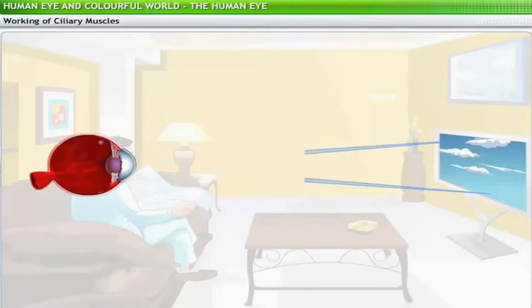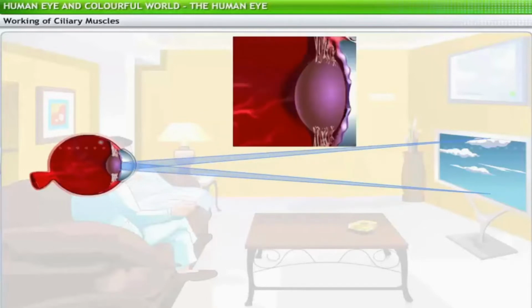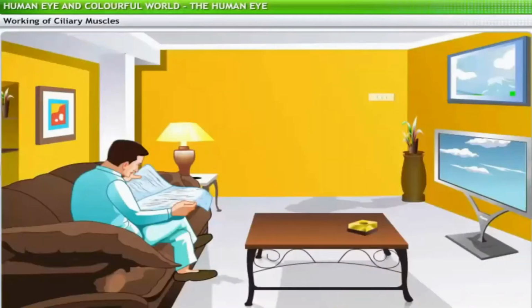Hence, the focal length of the crystalline lens needs to be increased to focus on the images on the television. In such situations, the ciliary muscles relax. This decreases the lens thickness, in turn increasing the focal length for clear vision.